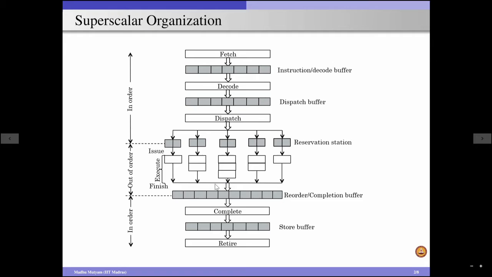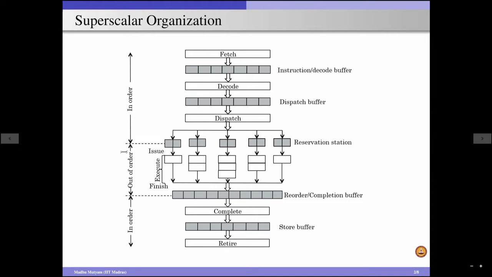Finally, depending on the type of the instruction and the number of cycles it is going to take for executing, these executed instructions will be returned to the buffer called the reorder buffer in out of order fashion.